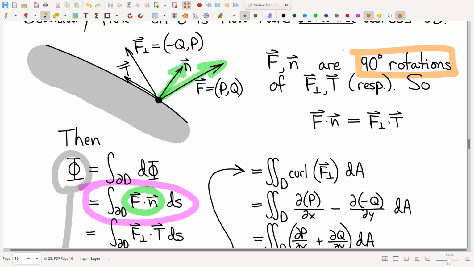We're going to take that whole thing and rotate 90 degrees. If you rotate F and n both by 90 degrees, n will rotate into the unit tangent vector. Geometrically, if you have a unit vector perpendicular to the curve, rotating 90 degrees makes it a unit vector tangent to the curve. That's what T is. And notice it's even pointing in the correct direction because the region's on my left as I go in the direction of that T. Very nice.